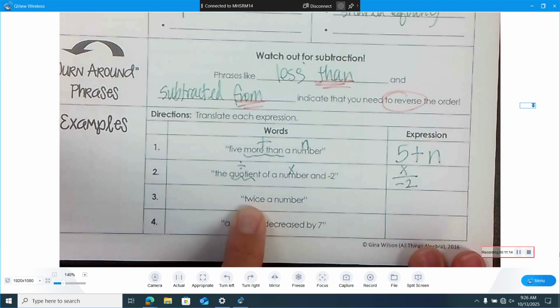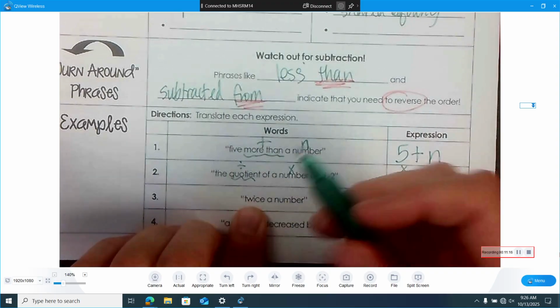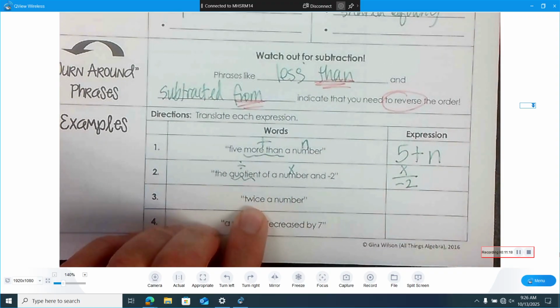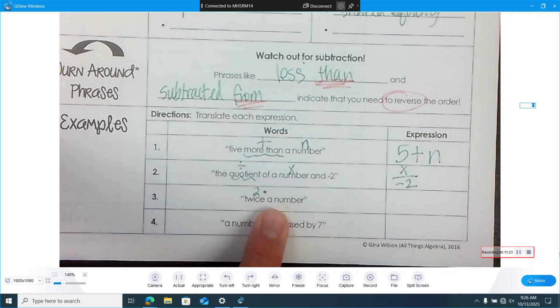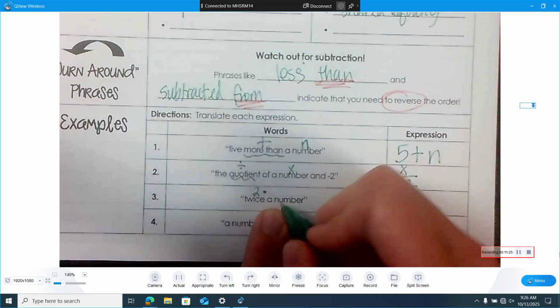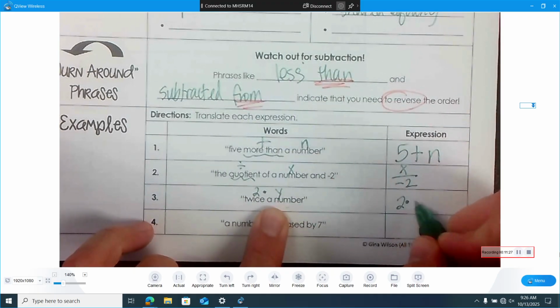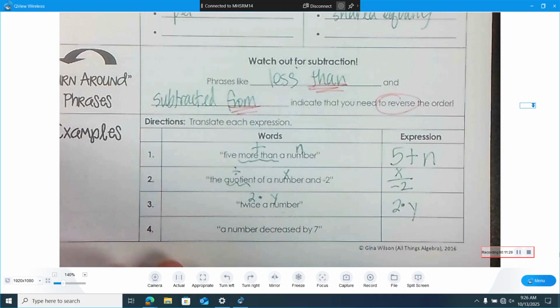Twice a number. Twice. What do we have to do? Multiplication. And twice would imply we're multiplying by 2. Yeah, 2 times a number. What should we call the number now? Y. Sure. 2 times y. Twice a number. Beautiful. A number decreased by 7.